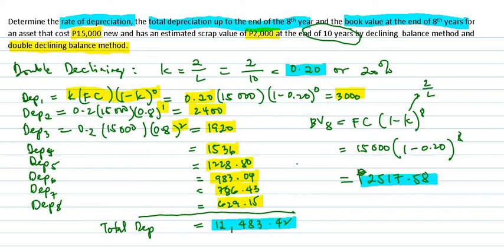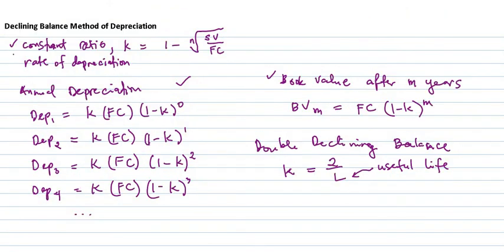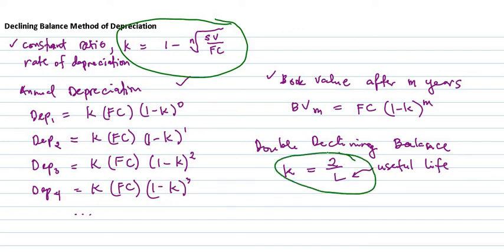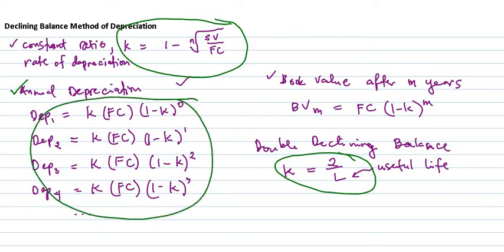So this is how we compute using the double declining balance. Again, for the declining balance method, our rate of depreciation, K, equals the nth root of the salvage value over first cost. And for the double declining balance method, our K is 2 over L. For the annual depreciation, this is our formula.